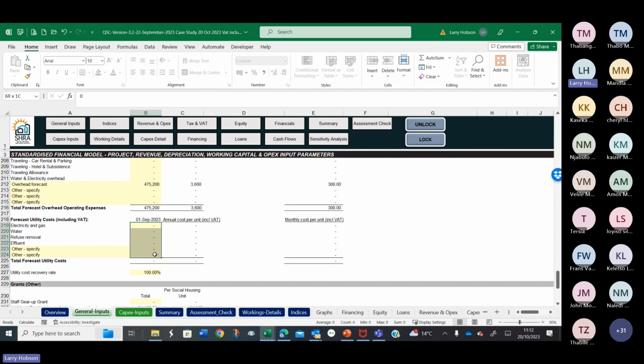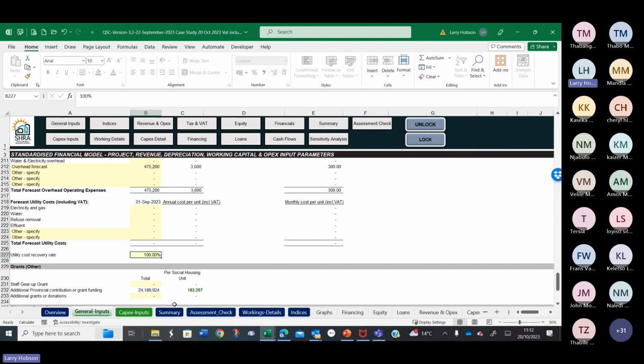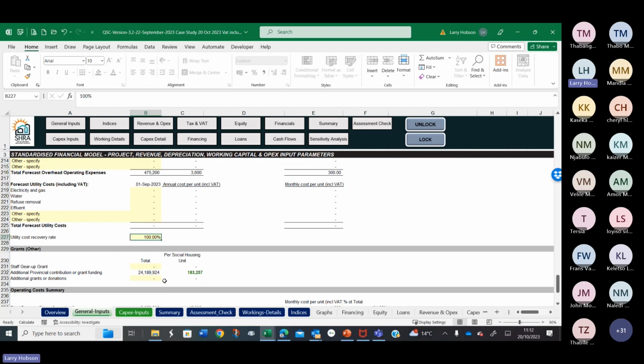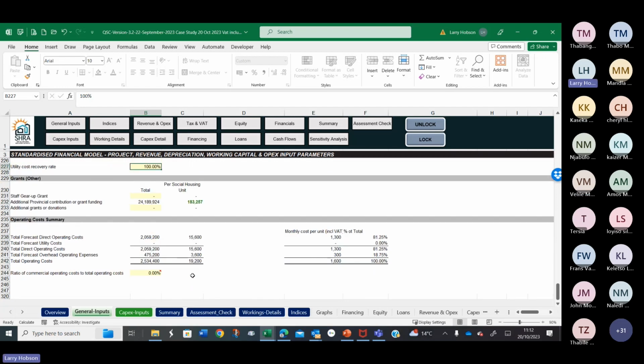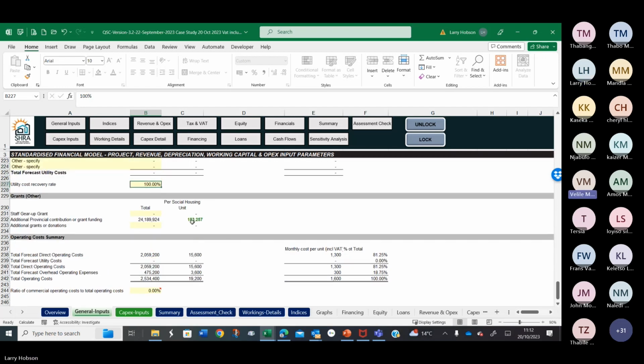If we're wanting to forecast utility costs in detail, we've got that facility here. Obviously includes gas. Joburg City focused. Gas is a difficult one. So then we've got our grants. We've got our provincial grant that gets entered by the SHRA. The restructuring capital grant would have been entered elsewhere.